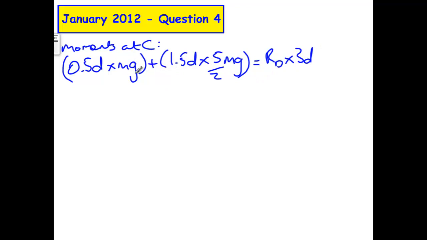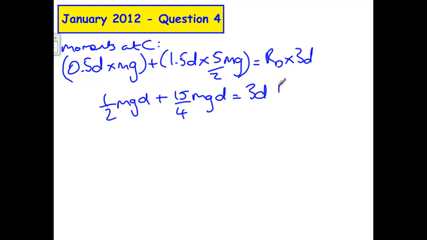Now if we simplify this equation a little bit, that will give me a half mgd plus, if we work this out, as a fraction 15/4 mgd, and that is equal to 3d RD. That's just the reaction force at D. Now simplifying this left hand side, it will add up to 17/4 mgd equals 3d RD.